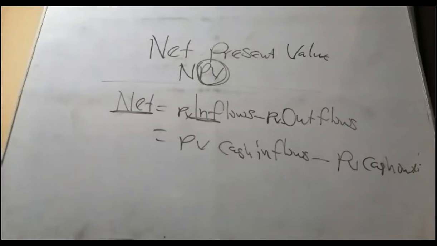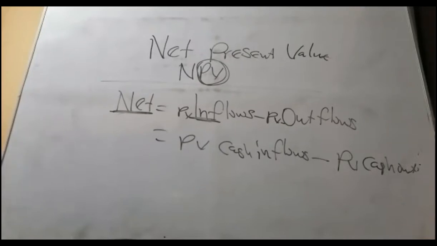It is the popular one, and we will explain why NPV is the most preferred method. All benefits on one side, all costs, all running, operating costs or sacrifices on the other side.